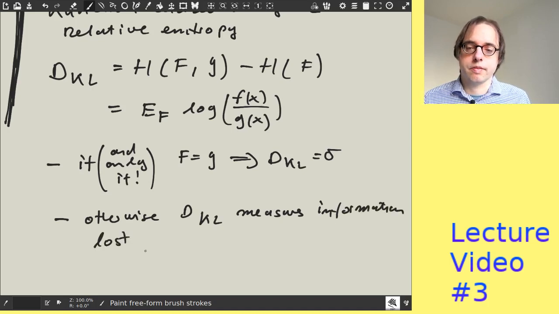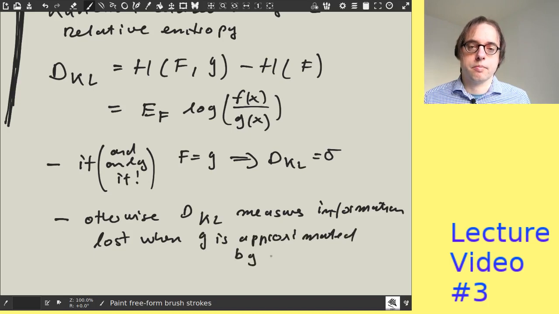lost when G is approximated by F. No, the other way around.